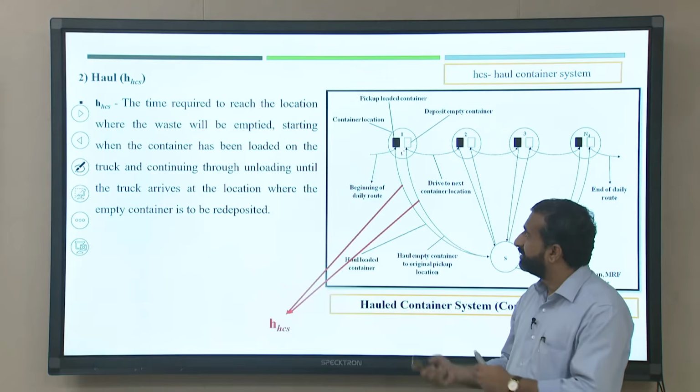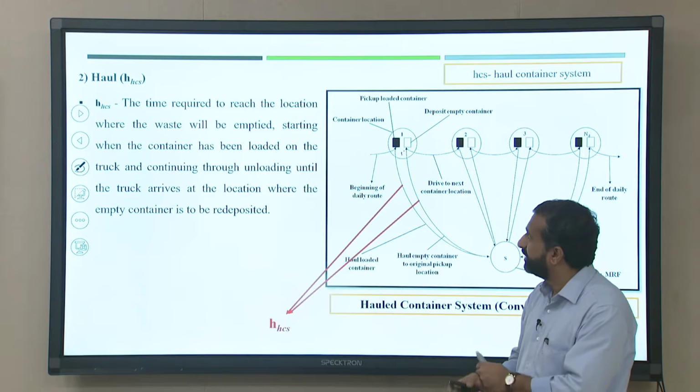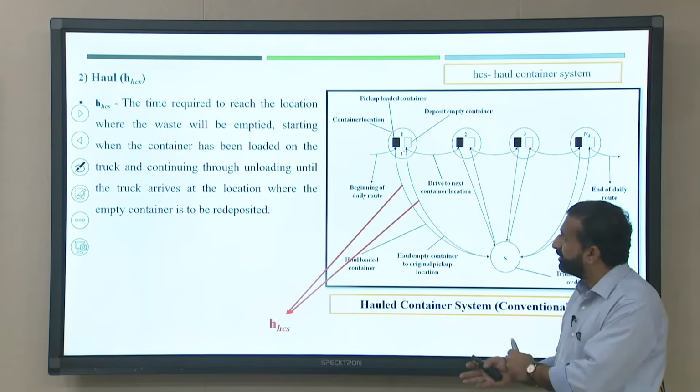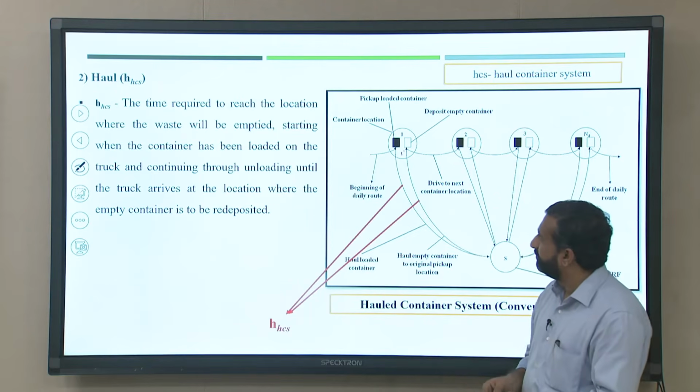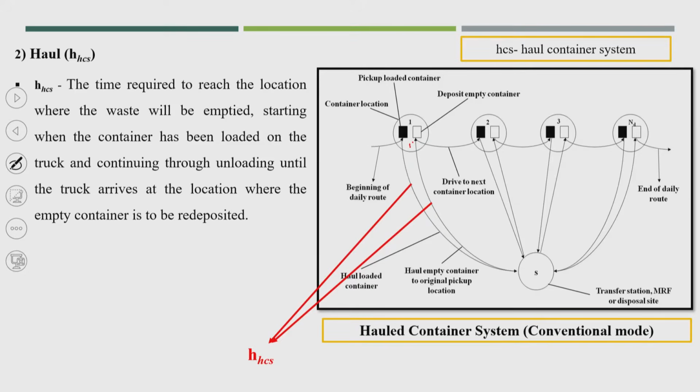The next functional unit operation is the haul, the time required to reach the location where the waste will be emptied. It starts when the container has been loaded on the truck and continues through unloading until the truck arrives at the location where the empty container is to be redeposited. So, the haul time starts when the full container is loaded, until it goes to the disposal site or recycling facility and returns to the same location.